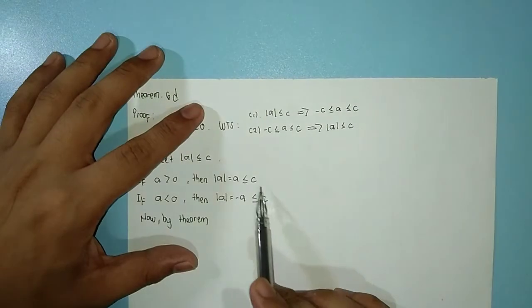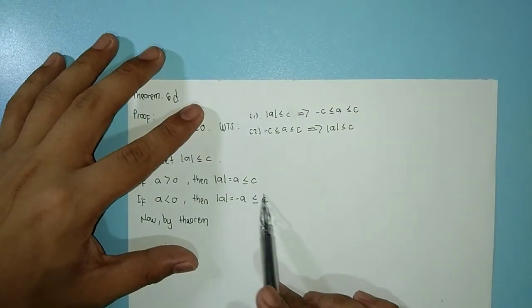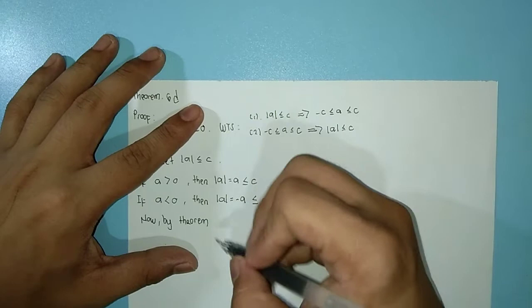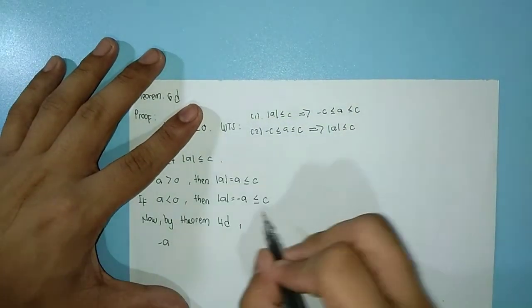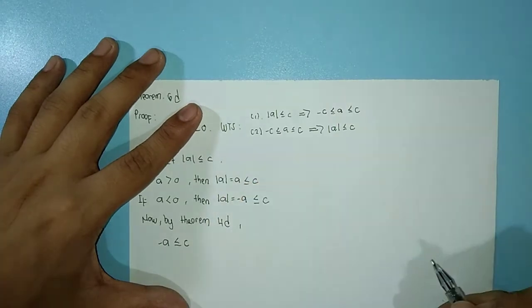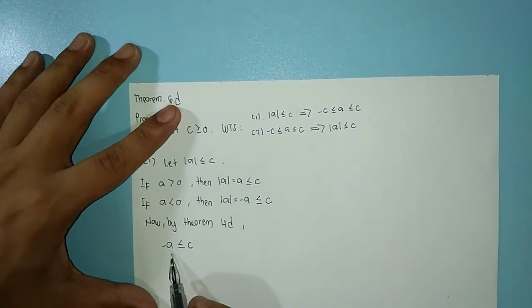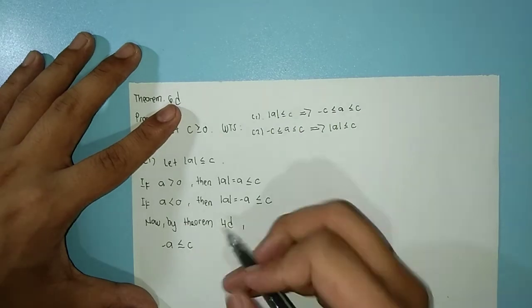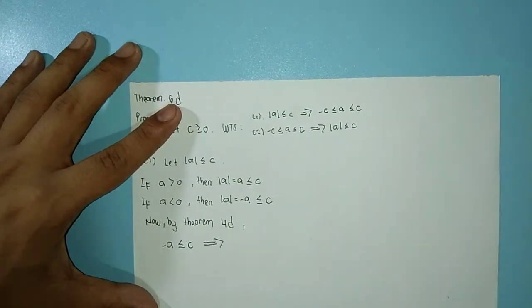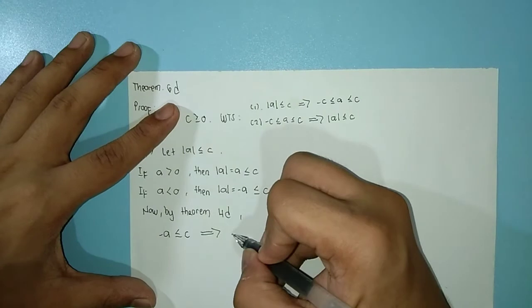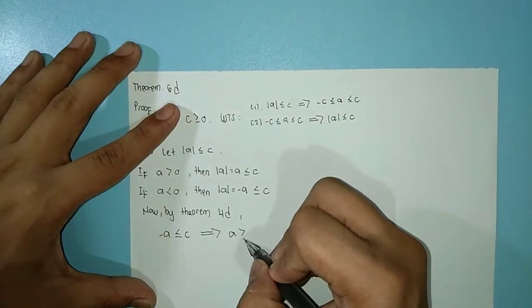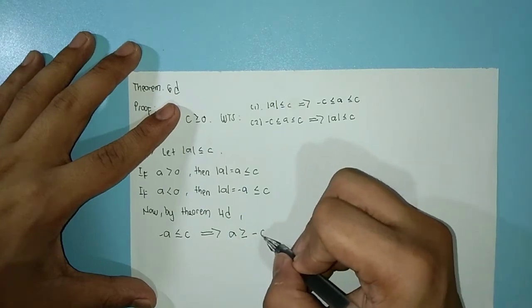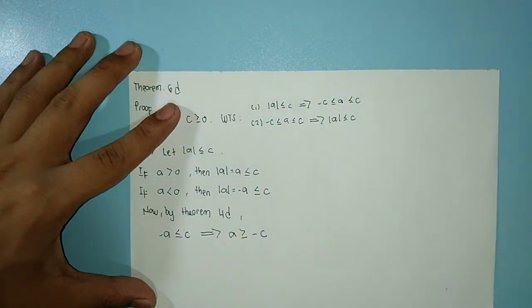So, ibig sabihin dito, kapag nag-multiply ako dito, at by theorem siya, 4D. Pag nag-multiply ako dito sa negative a less than or equal to c ng negative 1, this will imply a greater than or equal to negative c. Okay? Nalipat yung sign natin, tapos nabago yung symbol.